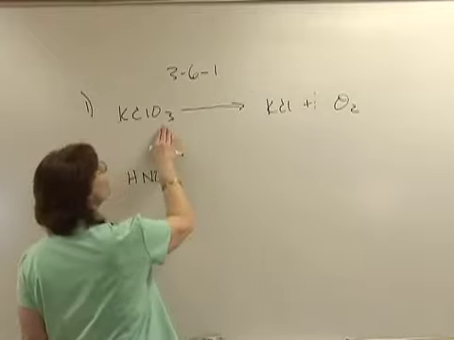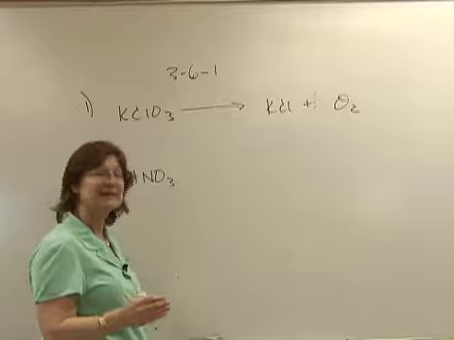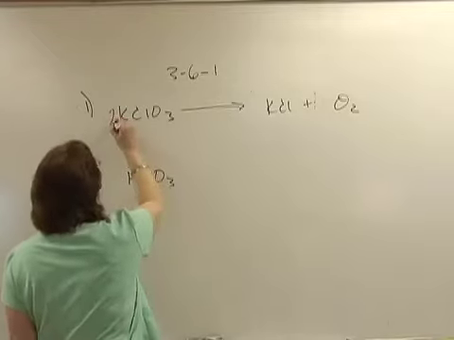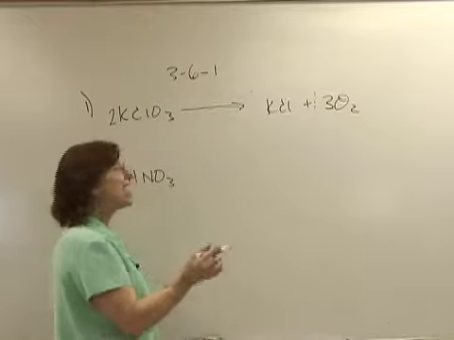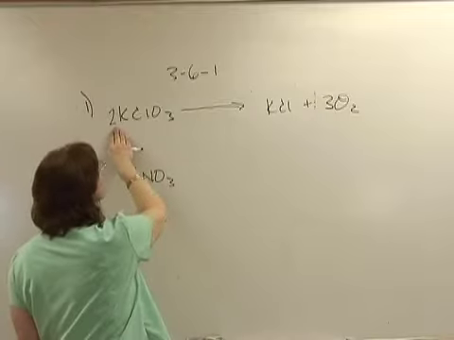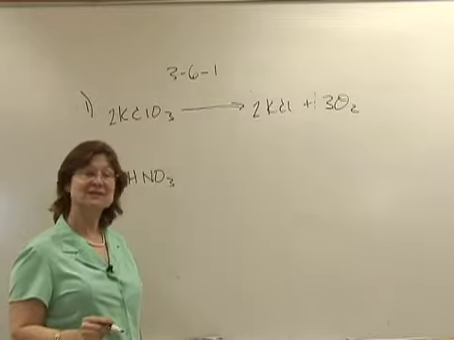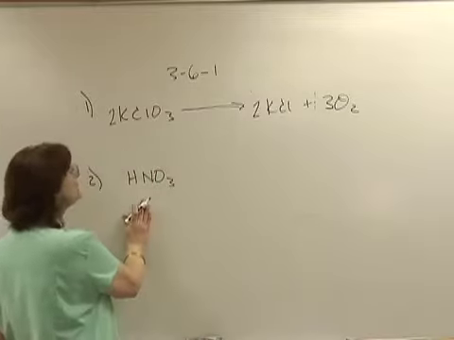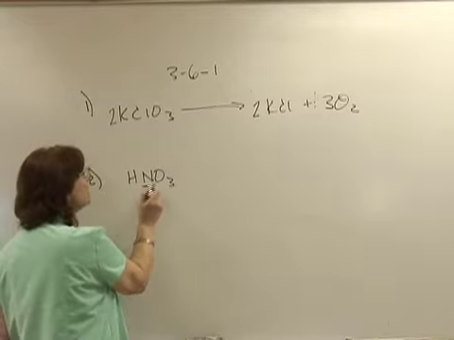Well, there are 3 oxygens here and 2 oxygens here, and the common multiple would be 6. Therefore, I need 2 potassium chlorates and 3 oxygens. Well, as soon as I add the 2 in the front here, then I need 2 of the potassium chlorides, and then it's balanced.